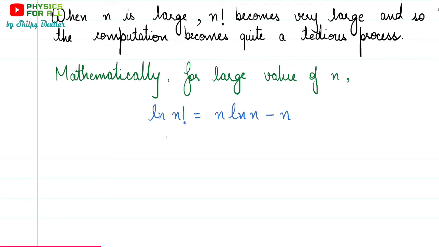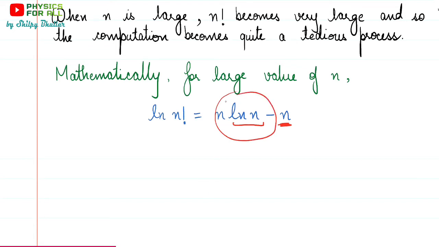Here, whatever number's factorial you want to find, and of course it has to be a really large number, if you take the natural log of the factorial of that number, that would be simply equal to that number multiplied with the natural log of the number, and then you subtract the number from this whole quantity.